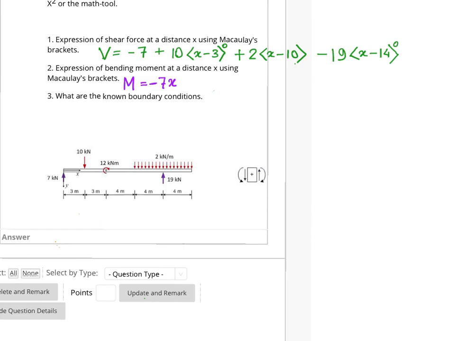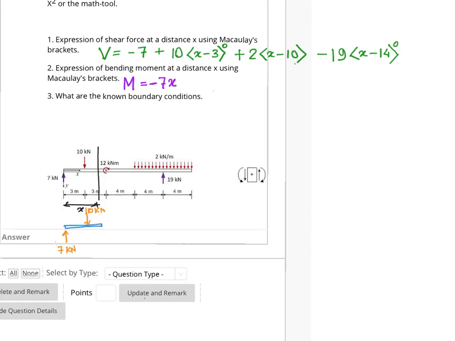Let's next take a section over here, where this distance is say x. So how should our moment expression look? We have 7 kilonewton there, and we have 10 kilonewton over here.